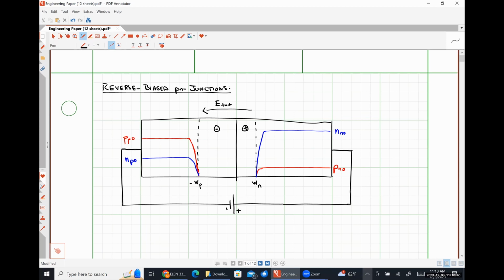So we have a very similar case to what we had for forward bias junctions, but now instead of having majority carriers move across the crystal, we're having minority carriers move across the crystal. And it's still a diffusion related process because we see that we have a gradient here, right? So there are some number of electrons here. There are effectively no electrons here.